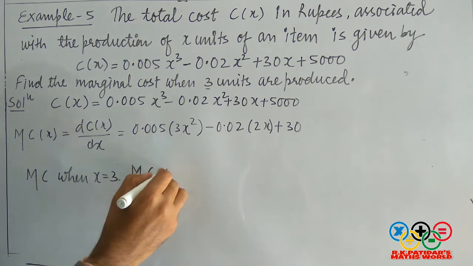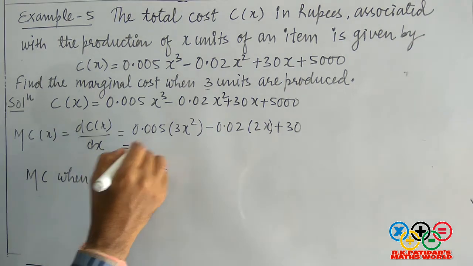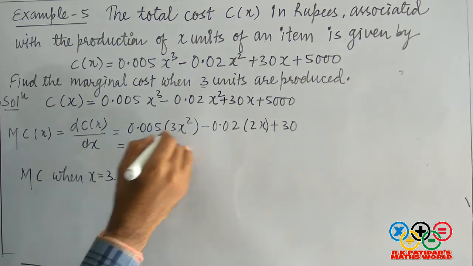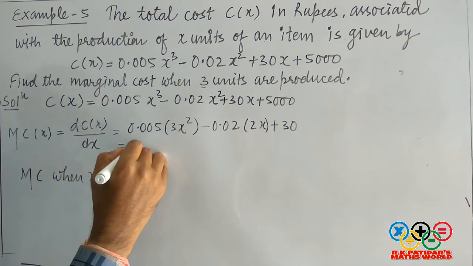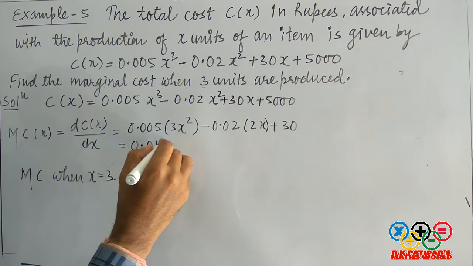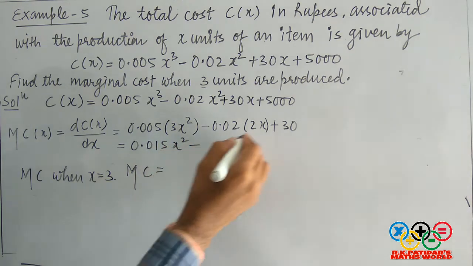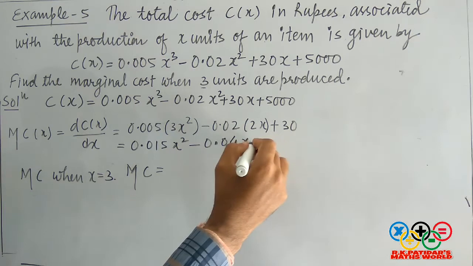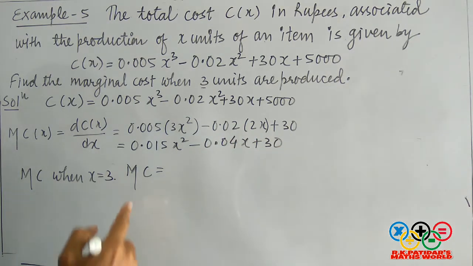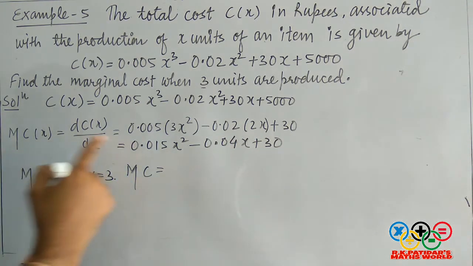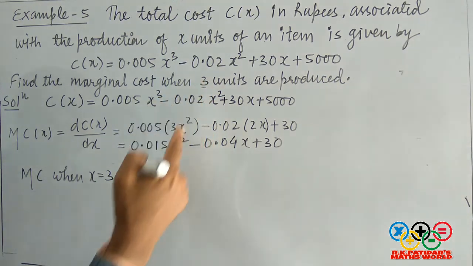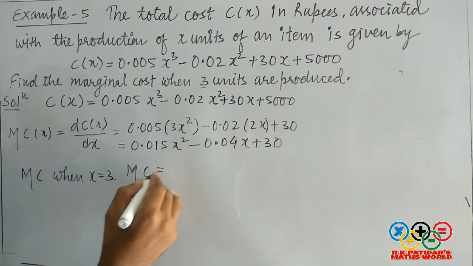First of all, we will calculate it: 5 threes are 15, so it is 0.015x² minus 2 twos are 4, 0.04x plus 30.